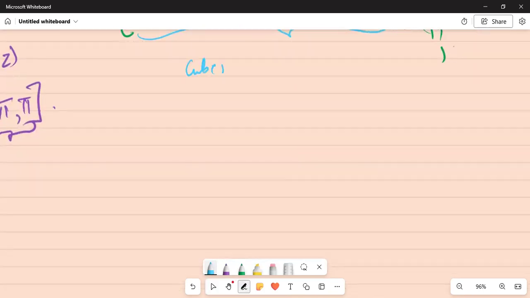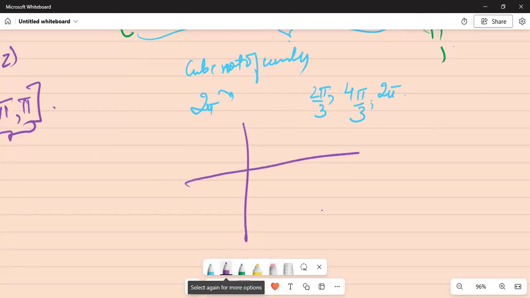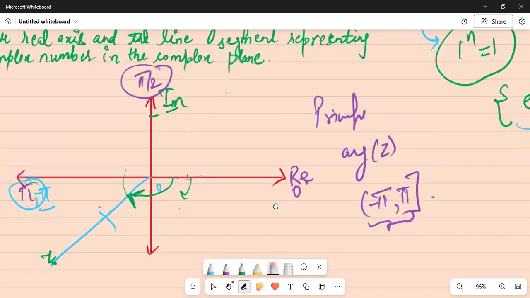So when we are talking about the cube root of unity, that means divide 2 pi into 3 parts. So you'll be getting 0, 2 pi by 3, 4 pi by 3. Or if you are not taking 0, then it is 2 pi. You can remove 0. Let us draw here only.